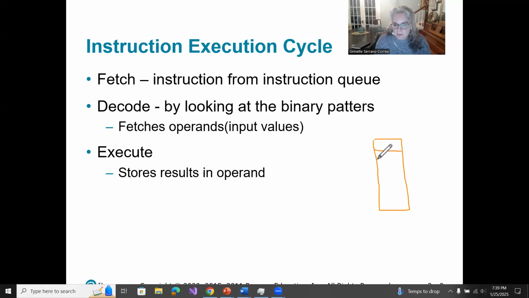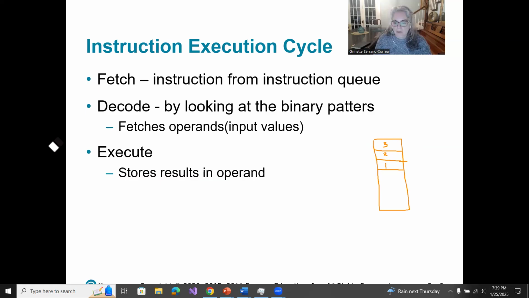Each element of the array would contain an instruction, and this will contain an instruction, this will contain an instruction. So if your first instruction is here, your second instruction would be here, and your third instruction would be here.